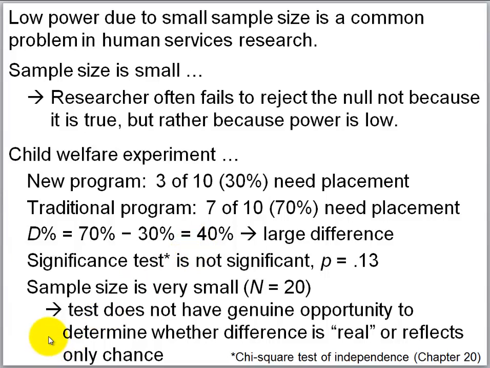And you know, here you genuinely are left in a quandary. The large difference suggests to you, hey, maybe the new program really does work better. But then you do the significance test, and it shows you, well, you could get a difference this large or larger just by chance, by the luck of the assignment to the different programs, or in essence the luck of the draw.